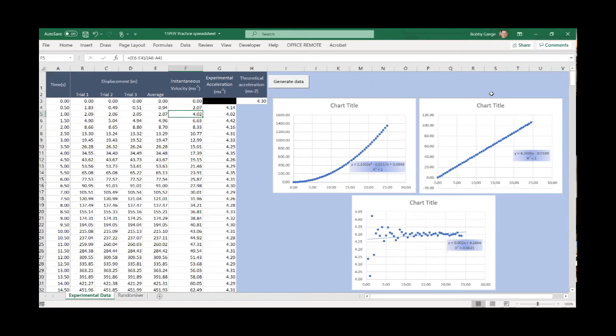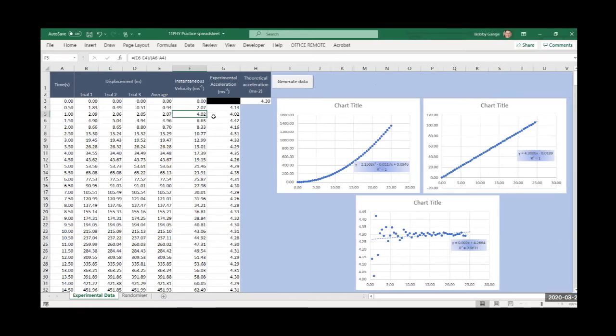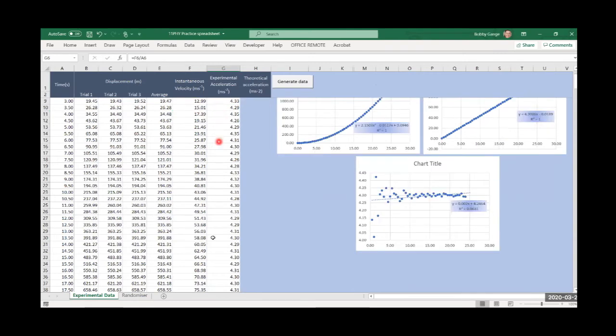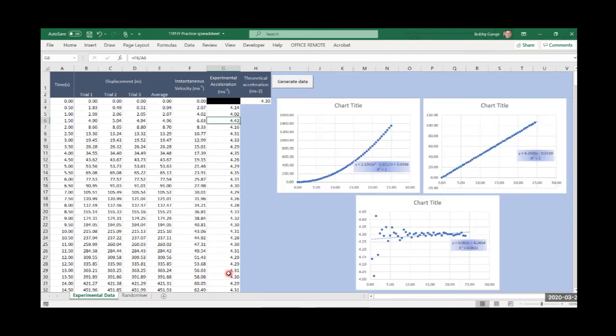All righty. So you notice here that the theoretical acceleration is actually starting to match what our experimental acceleration was, showing we're closer to what it's supposed to be.